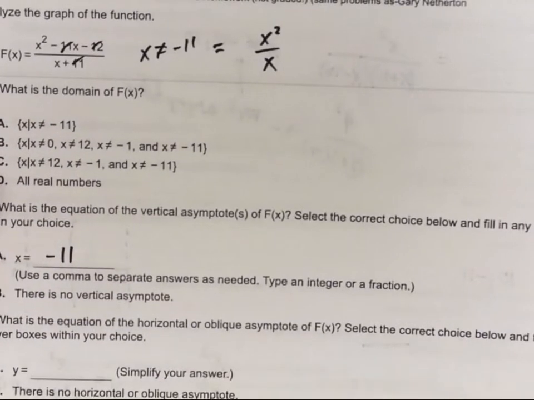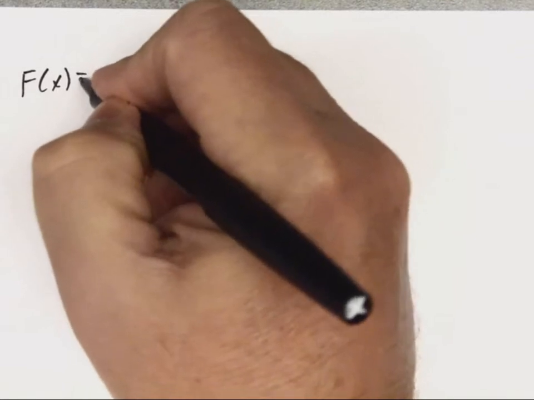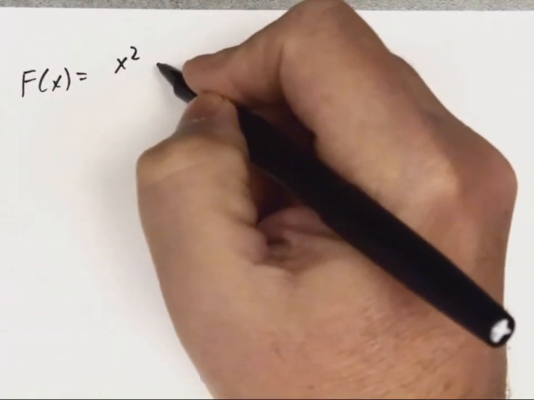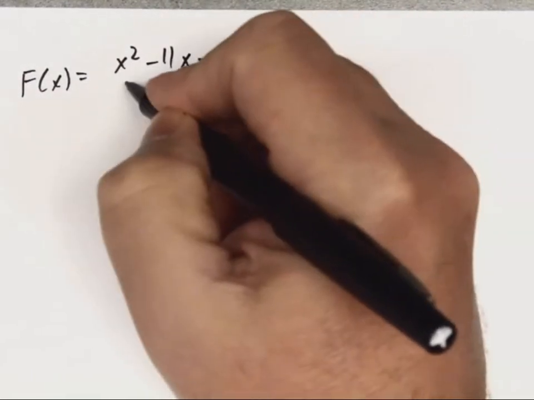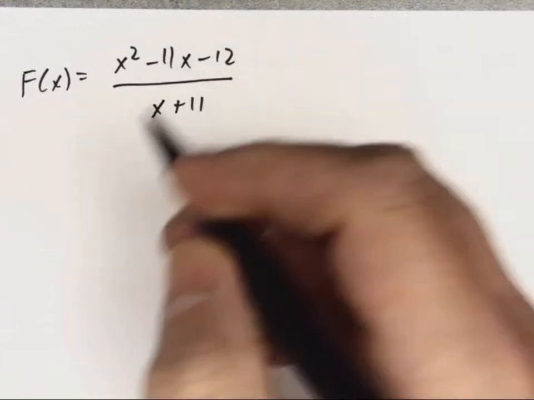Now, what is the oblique asymptote? So let's take a look at how we calculate an oblique asymptote. It can be sort of involved. So let's go over here and rewrite the function. How do we figure out what the oblique asymptote is? x squared minus 11x minus 12 over x plus 11.